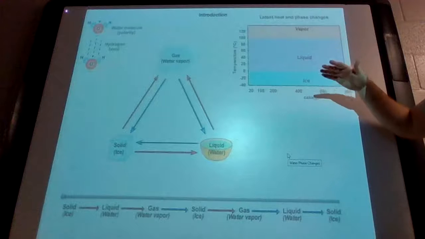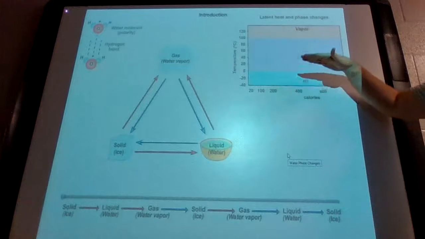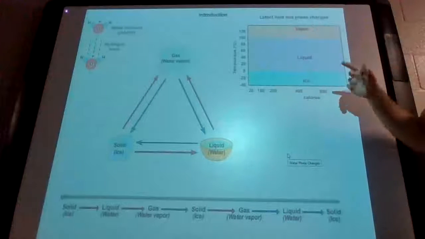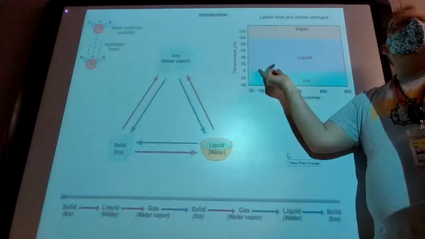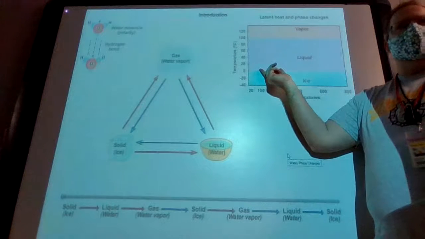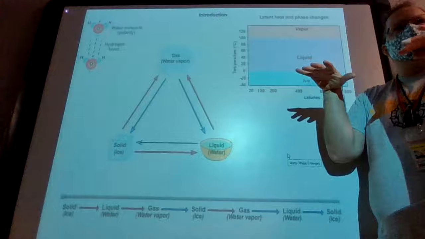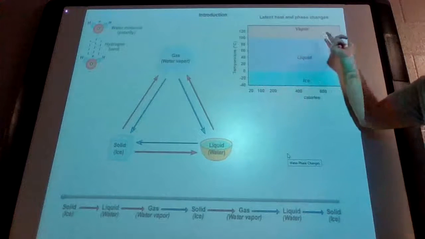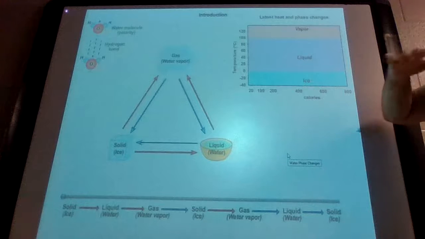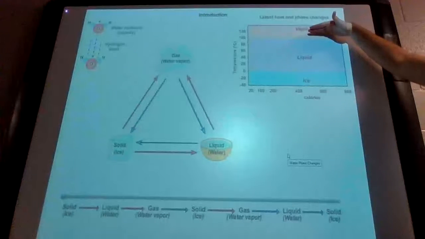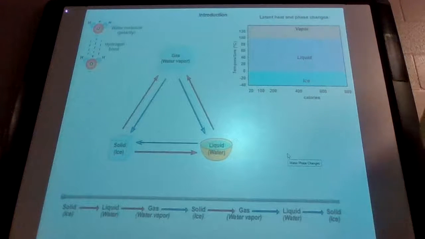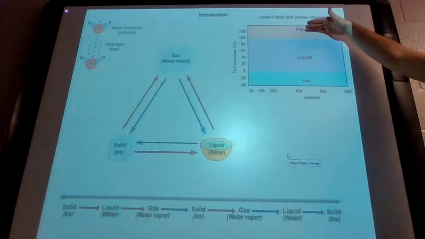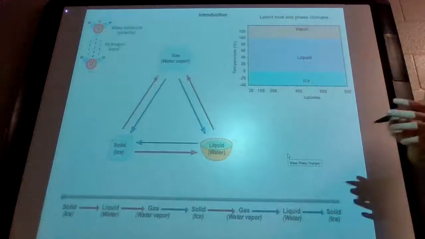So when I'm going from ice to liquid or from liquid to vapor, there's a period where my temperature stops changing. It stays at that same temperature until all the ice is melted or until all the liquid has boiled away. Then once I change all of it over to a different phase, I can start to change temperatures again.